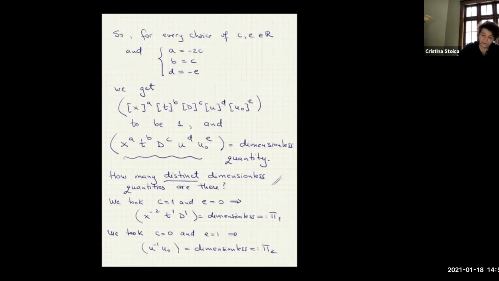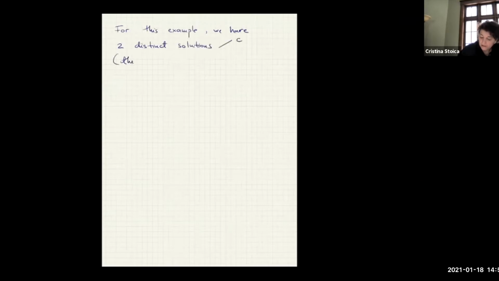So basically we can say something like, look, for this example, we have two distinct solutions. The one that we have for C is 1 and E is 0, and then C is 0 and E is 1, let's say.